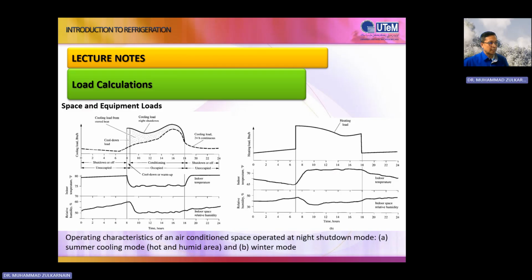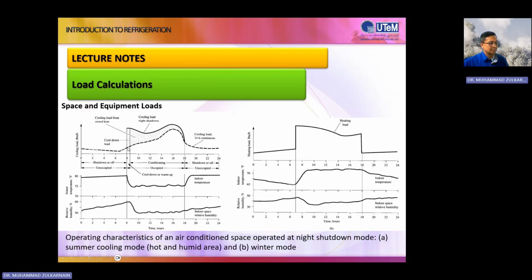In the upper graph is shown the cooling down of temperature, where the temperature comes from higher and then, by the time of office hours, becomes lower. You can see the second graph here, the energy consumption.